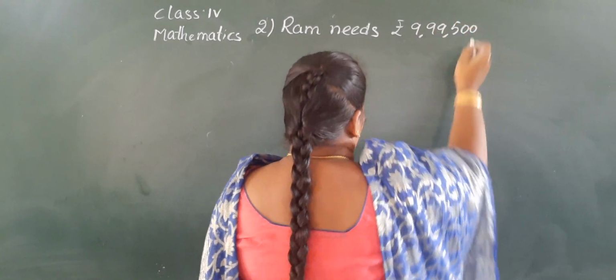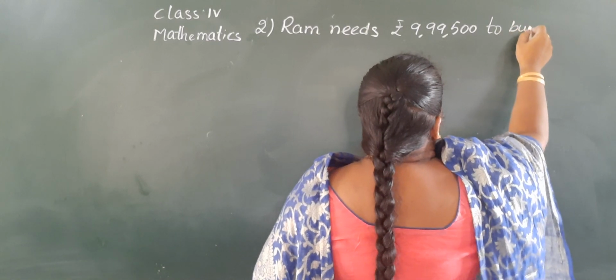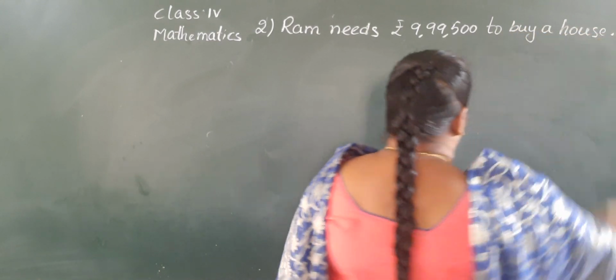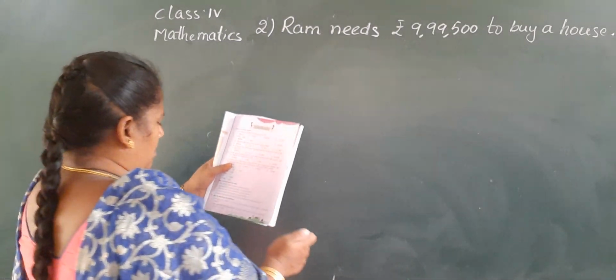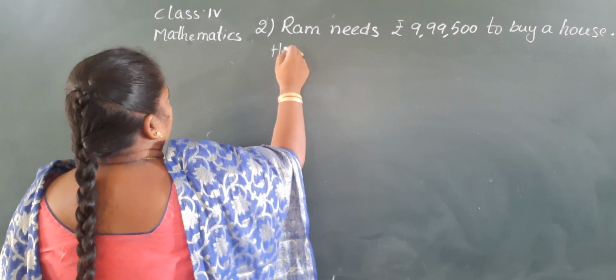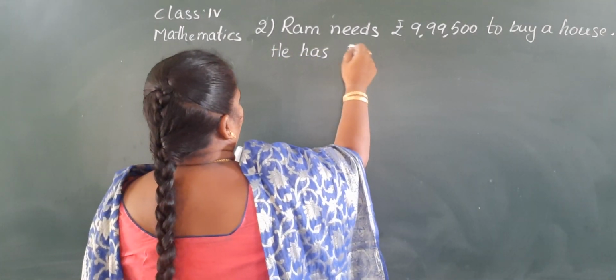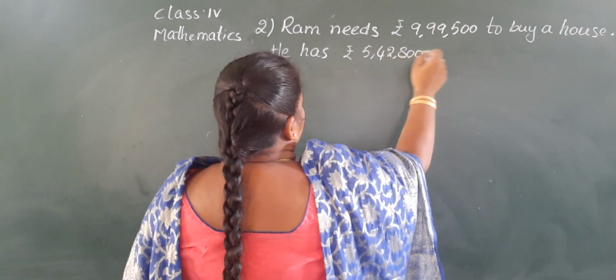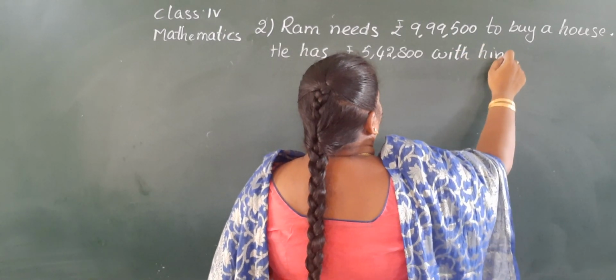9,99,500 rupees to buy a house. He has 5,42,800 rupees with him.